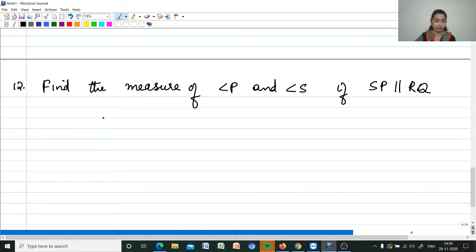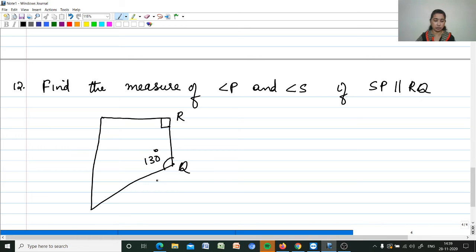Here the figure given is, this is the figure. Given that this is R and it is marked as a 90 degree angle. This is given as 130 degrees. This is Q, this is P and this is S. So we need to find out how much is angle P and how much is angle S.